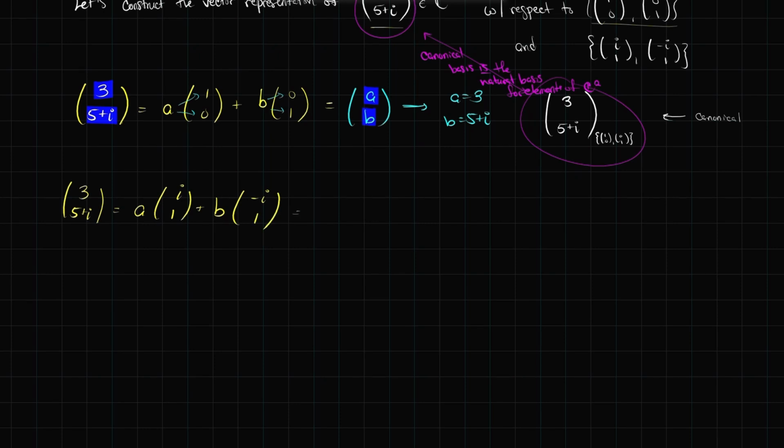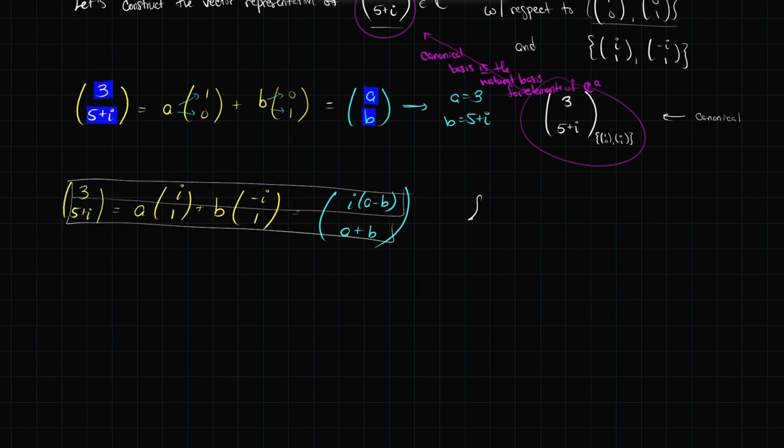And if I combine the a's and the b's there, I end up with i(a − b) in the first entry, and a + b in the second entry. So if I read across horizontally, I find a system of equations: 3 is equal to i(a − b), and 5 + i is equal to a + b.